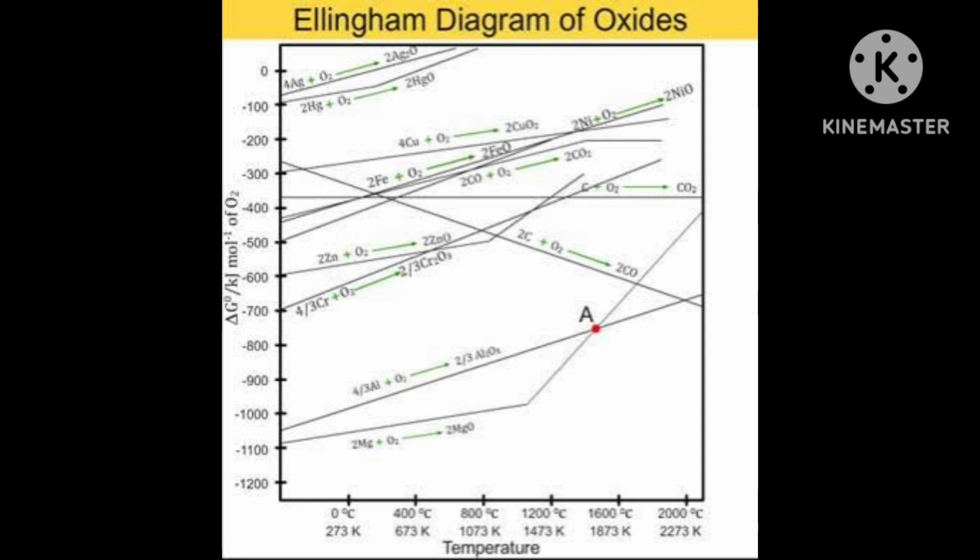For example, in the case of the Zn to ZnO plot. ZnO plot means Zn is converting to ZnO. That's why it is written Zn, ZnO. Zn metal is converting into oxide, Zn oxide. In this situation phase change takes place.